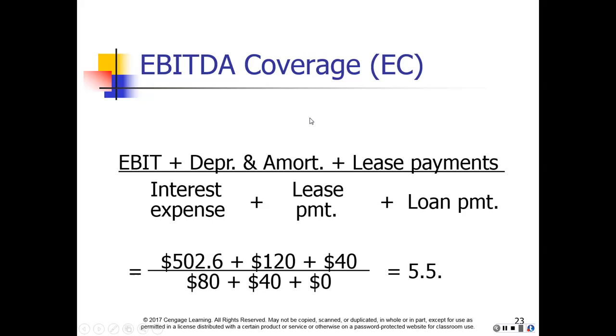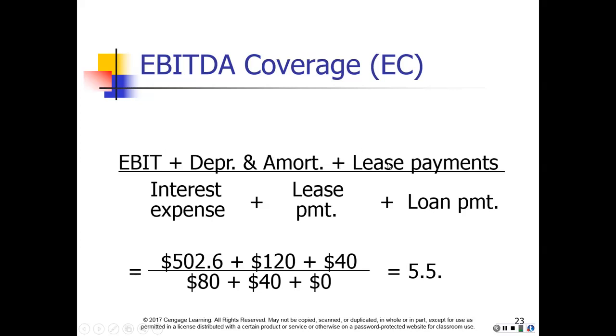Then there's the EBITDA coverage, right? EBITDA is earnings before interest, taxes, depreciation, and amortization. We take earnings before interest and taxes, add depreciation and amortization, and add any other fixed payments. We had seen in the other information provided that there were $40,000 in lease payments that don't appear on the balance sheet or income statement anywhere, right?